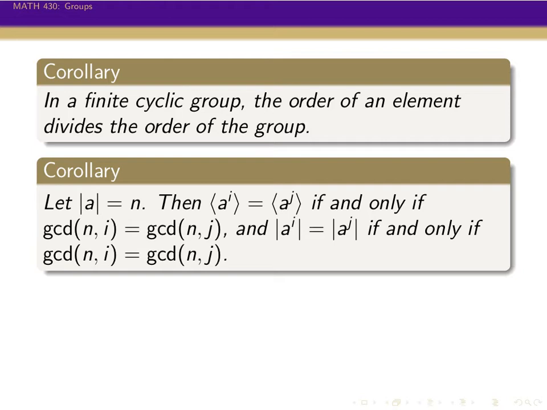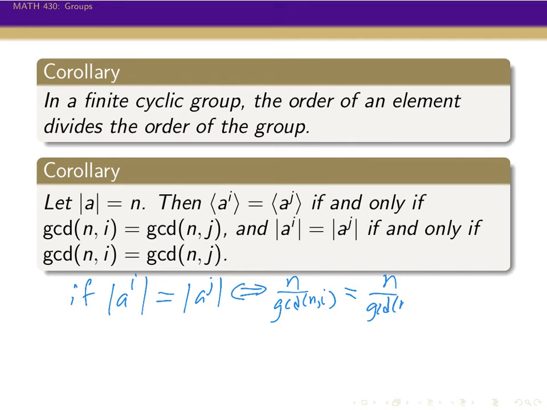This just comes down to: if the order of a to the i is equal to the order of a to the j, well then that has to happen because n divided by the GCD of n and i is equal to n divided by the GCD of n and j, and that only happens if those two are equal.